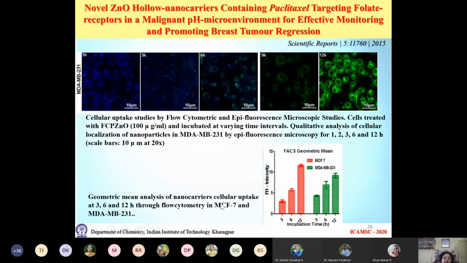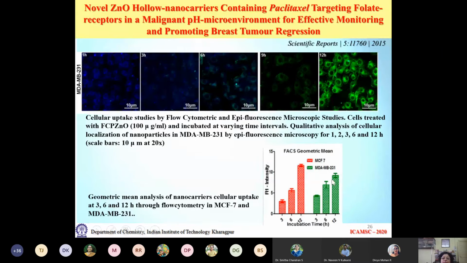This is the breast cancer cell line, MCF7 and MDA-MB-231. These are all prototypes of the breast cancer cell lines. So you can see how it is affecting the two cell lines.